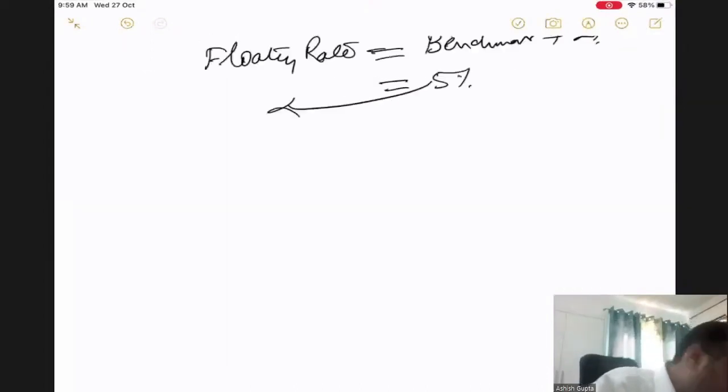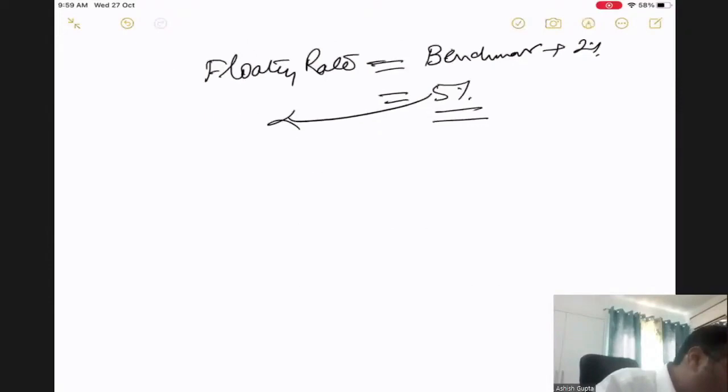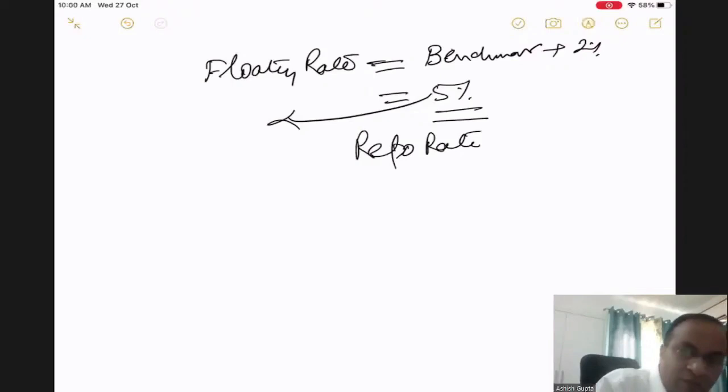It is a bank lending rate. So it can be the repo rate. So now here, say 5% is the repo rate plus 2% here.